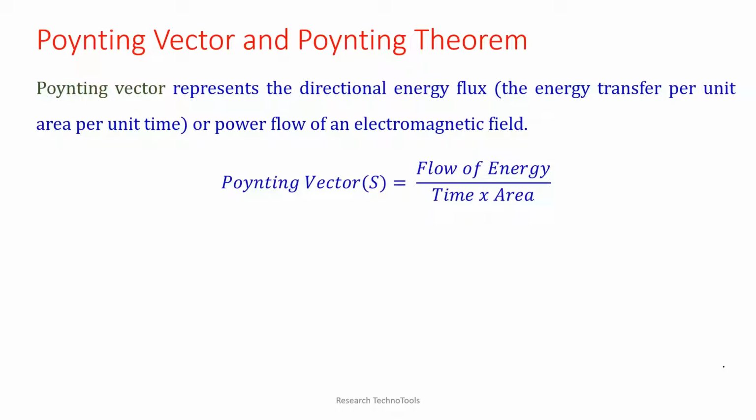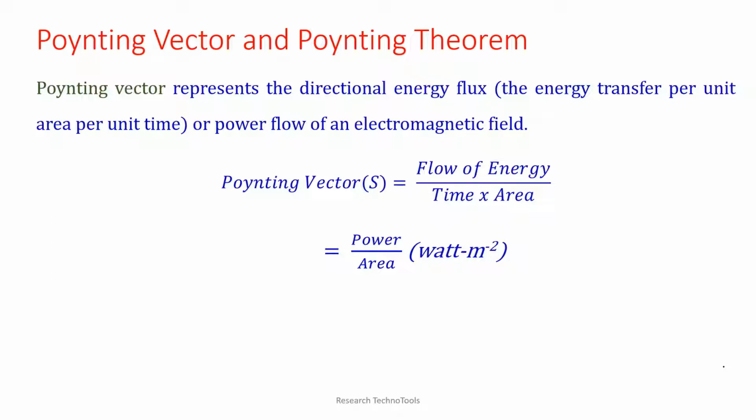You can define this Poynting vector by the formula: Poynting vector equals the flow of energy per unit time per unit area. If you combine energy by time as power, you can write power per unit area. So the unit of the Poynting vector will be watt per meter square.